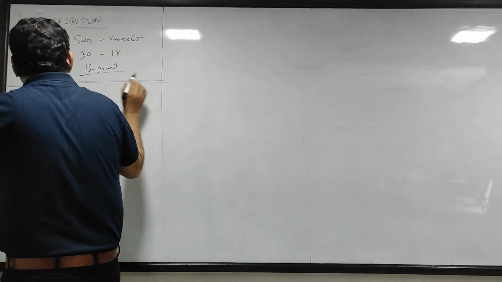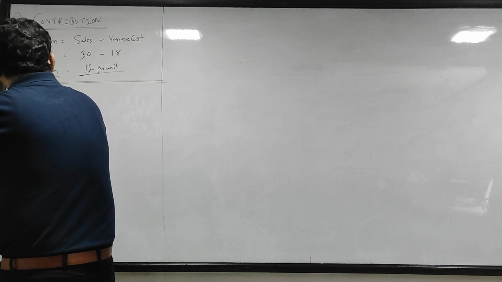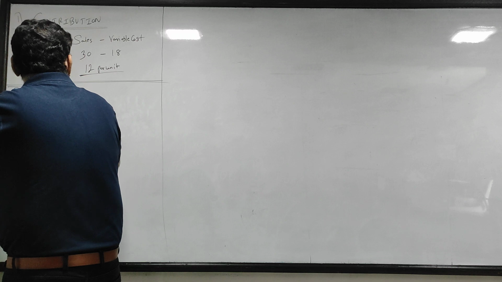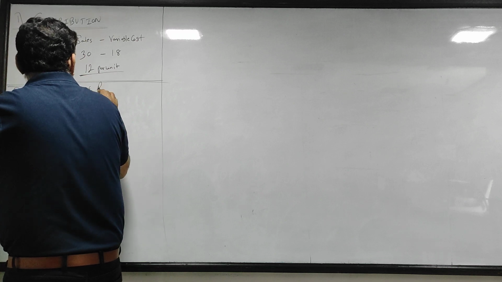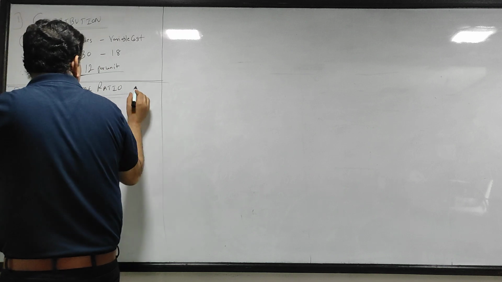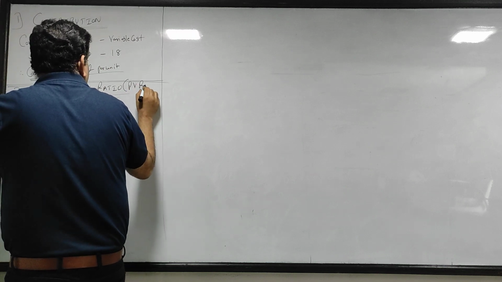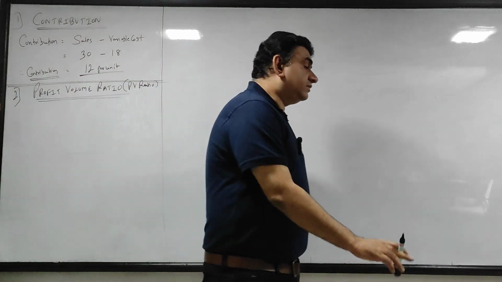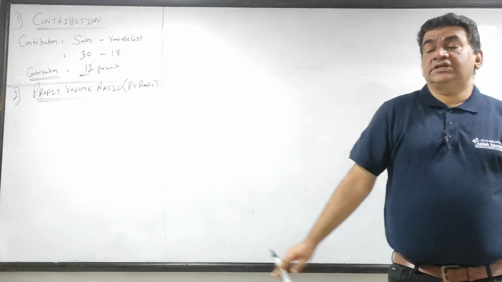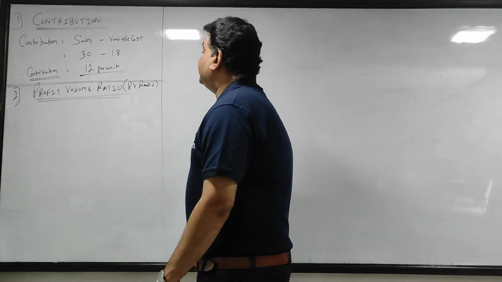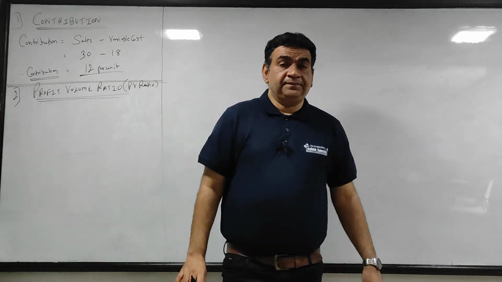Okay. So the first term was contribution. The second term used is profit volume ratio, which we commonly call PV ratio.